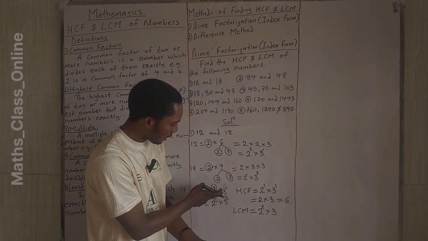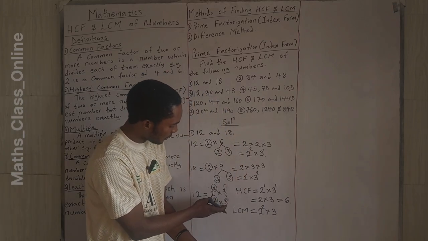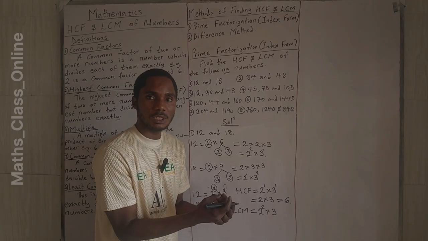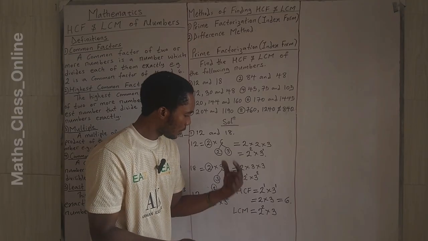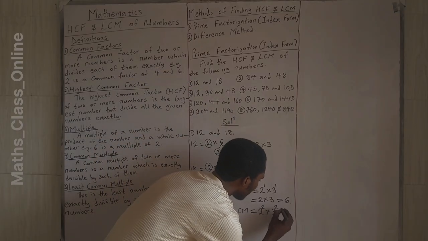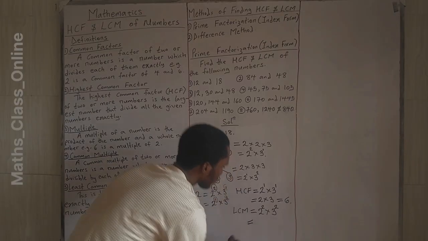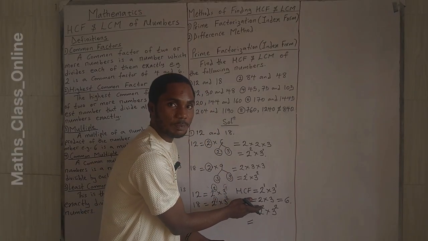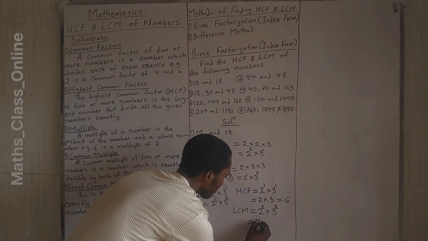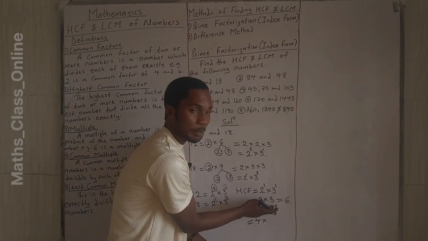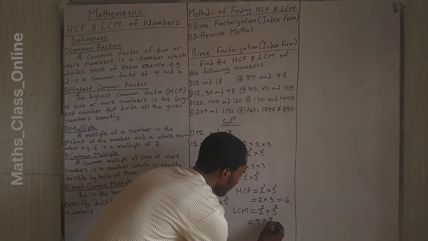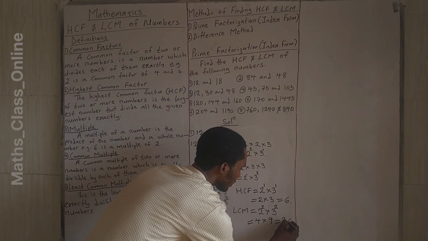We have the power of 3 here to be 1 and the power of 3 here to be 2. The bigger number is also 2. That means LCM is equal to 2 raised to the power of 2, that is 4, times 3 raised to the power of 2, that is 9. And this will give us 36.